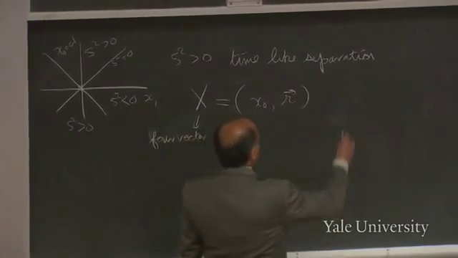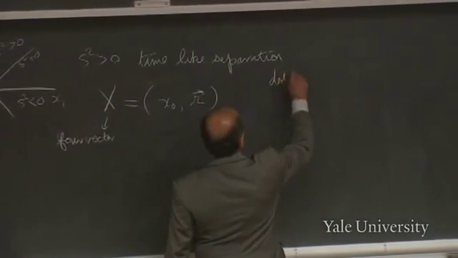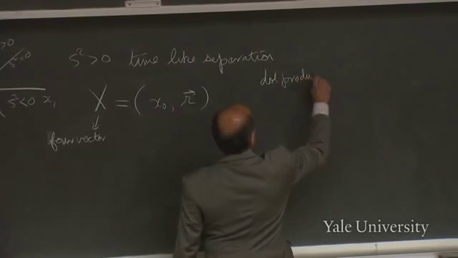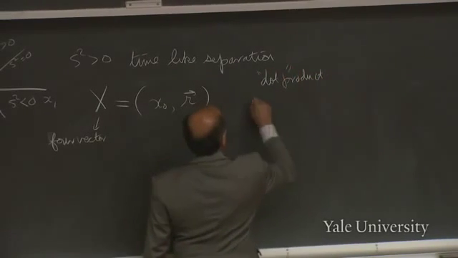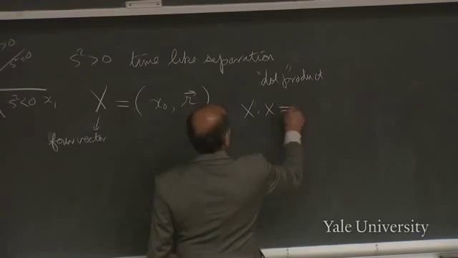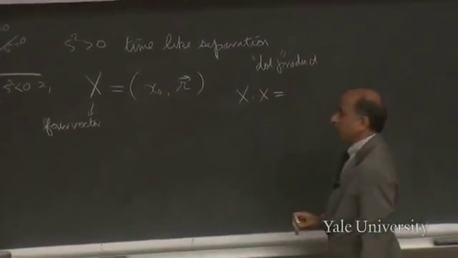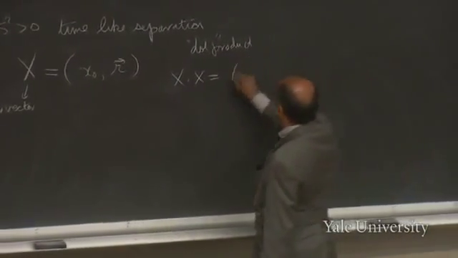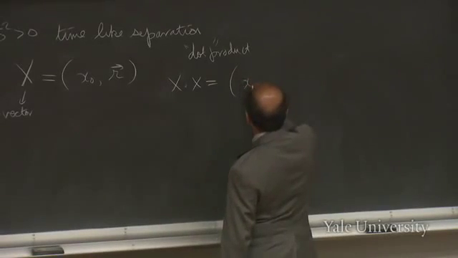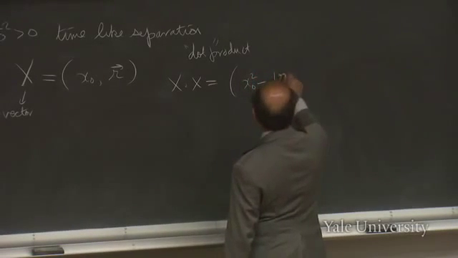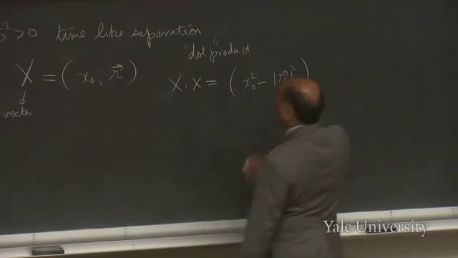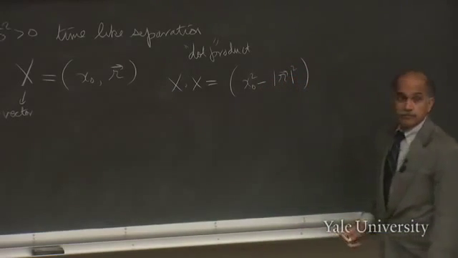Then we are going to define a dot product. It's going to be a funny dot product. It's going to be called x dot x. The usual dot product was the sum of the squares of the components. But this funny dot product will be equal to x naught square minus the length of the spatial part square. Which are those, all small x's?